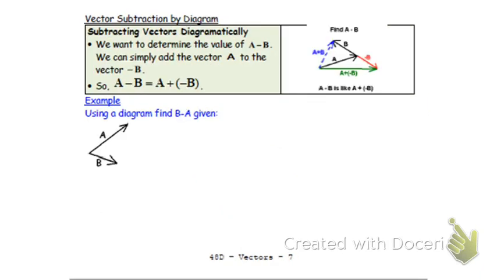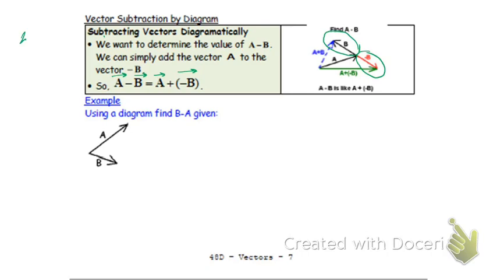What about subtraction? I'm going to do a bit of maths sleight of hand here, and say vector A minus vector B is the same as vector A added to minus vector B. If that is vector B, that's minus vector B. The negative of a vector is the same size, opposite direction.